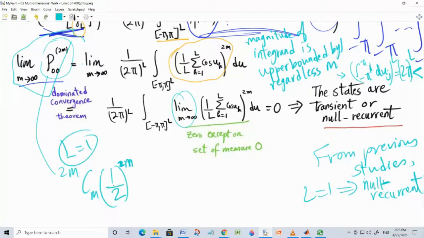But then we did the summation. And from the summation, we were able to make the distinction, and we discovered that if the walk is simple, if P is equal to Q is equal to 1/2, indeed the states are null recurrent. But if P is not equal to Q, basically the states are transient.